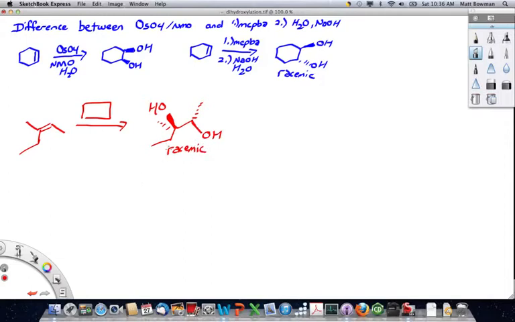You have to give me the conditions that go in this box. Now, since we have two ways of adding two OHs across a double bond, you need to redraw this molecule, the product, in either the syn configuration or the anti-configuration.